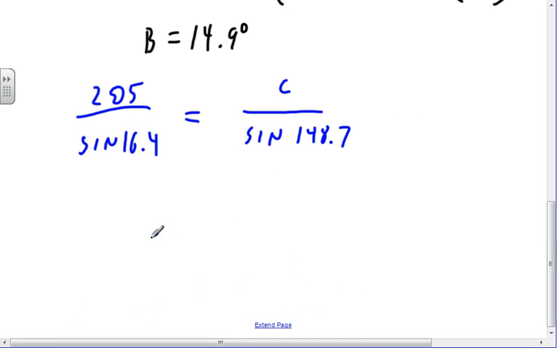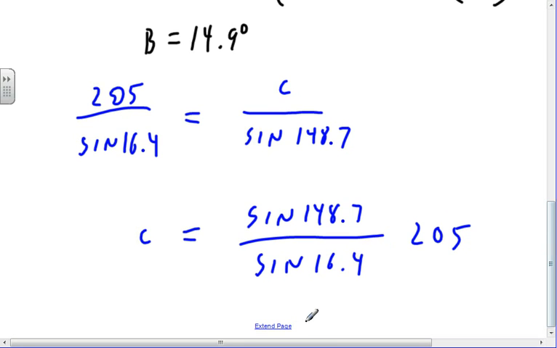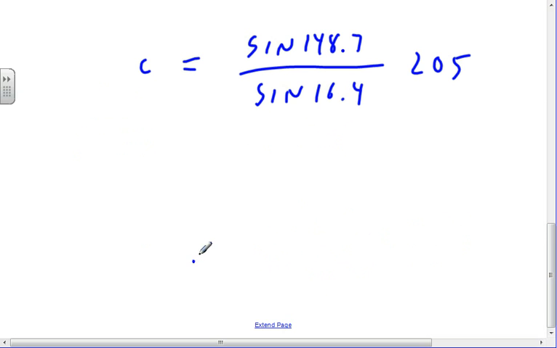Cross multiply and I get C is equal to, that's a little c in case anybody was wondering, little c is equal to sine 148.7 times 205 over sine 16.4. That begs the issue, can I make a triangle that doesn't make it?